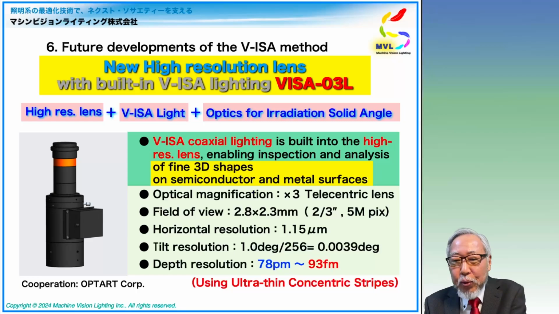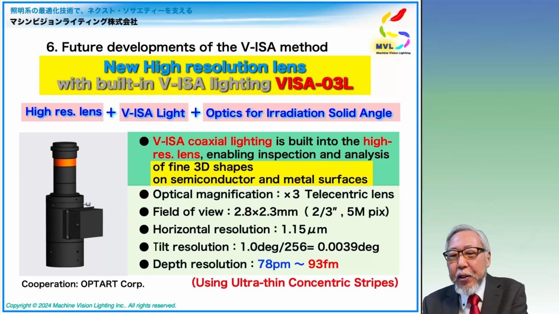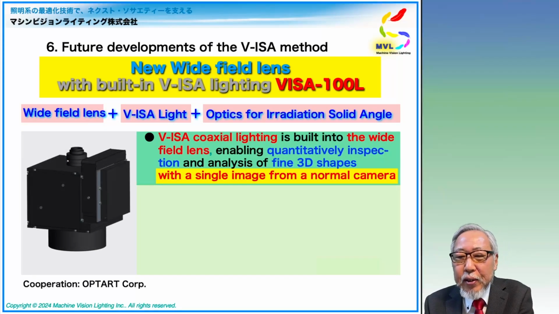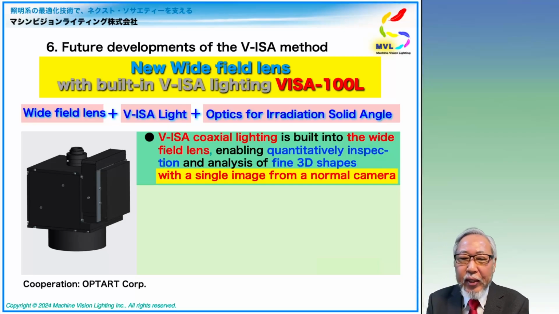This is also a normal resolution, but this is actually for a 5 mega camera, and the pixel size is 3.45 micron square, and this resolution can be obtained by only 3 magnification. The other is a wide field of view. This is a 0.11 magnification telecentric lens.